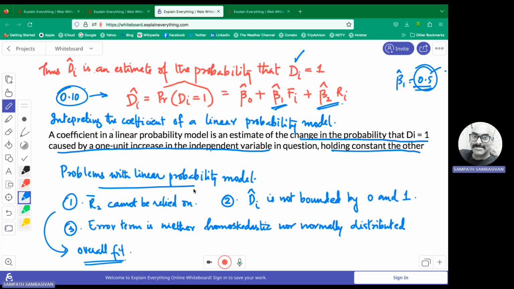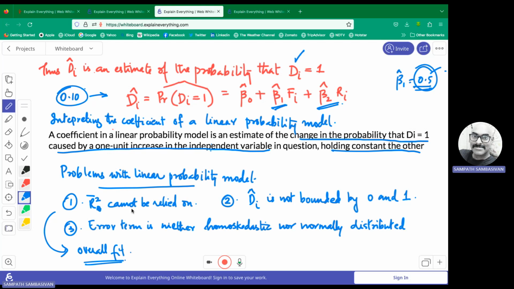When it comes to linear probability models, this adjusted R squared is also not very reliable, essentially because of the nature of the dummy variable, because a dummy variable takes only binary values, 1 and 0. Because of this it has certain inherent problems, because of which the R squared value becomes unreliable.